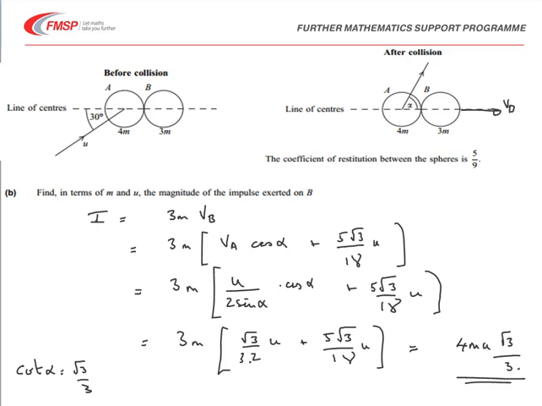How far you need to take that, I suppose you could stop at this point. That would be an expression for the magnitude in terms of m and u. However, the marking which is given does actually give a simplified value. Whether you would lose a mark or not is unclear from the mark scheme, but there are 2 method marks and then an A mark awarded for that part of the question.